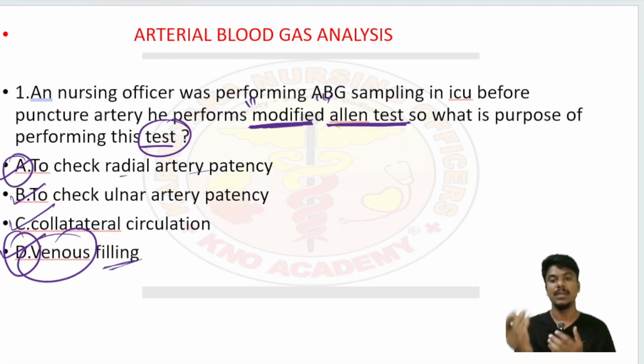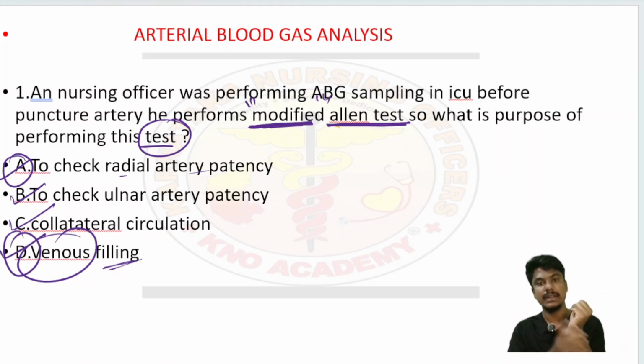No, never. Let's see how we perform the Allen test. We tell the patient to make a fist, a clenched hand. Then we compress both the radial artery and the ulnar artery, and we see when the hand turns pale in color. Turning pale means I'm compressing both ulnar artery and radial artery.